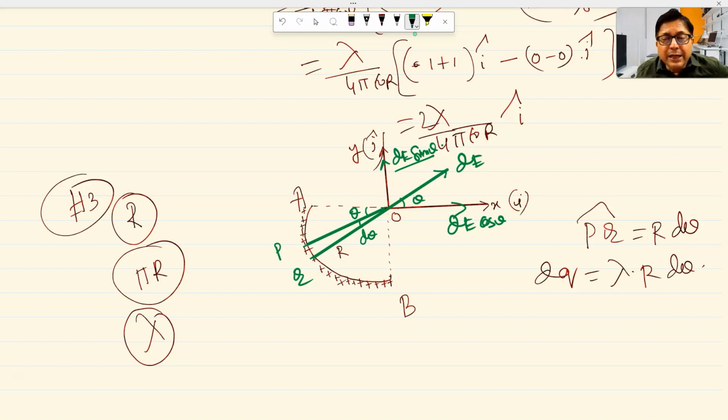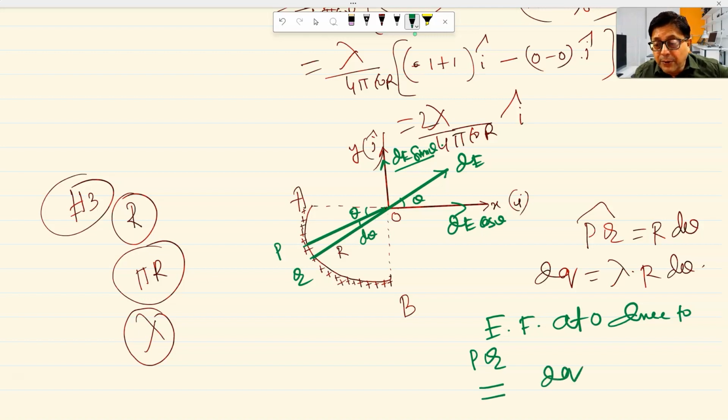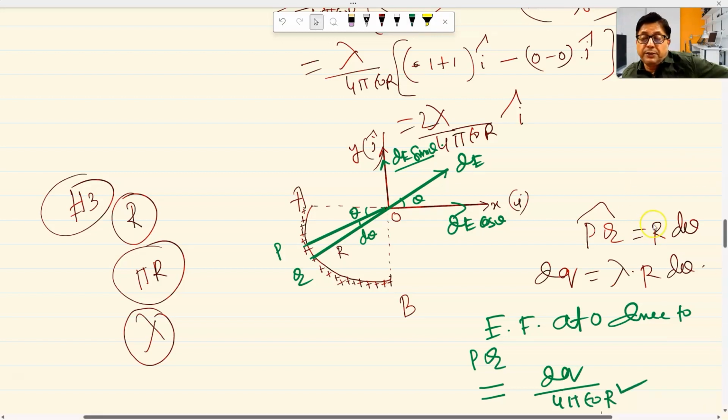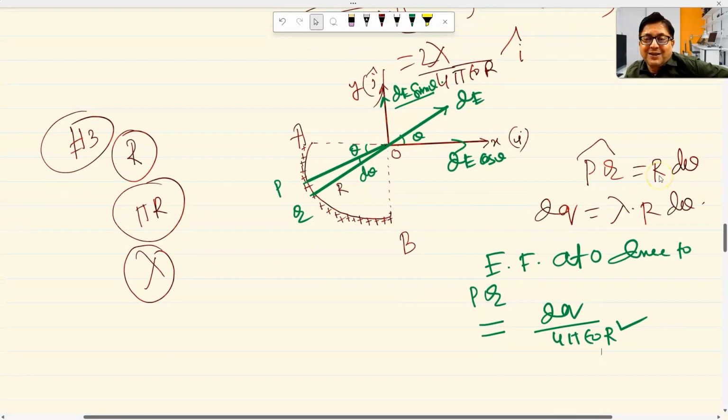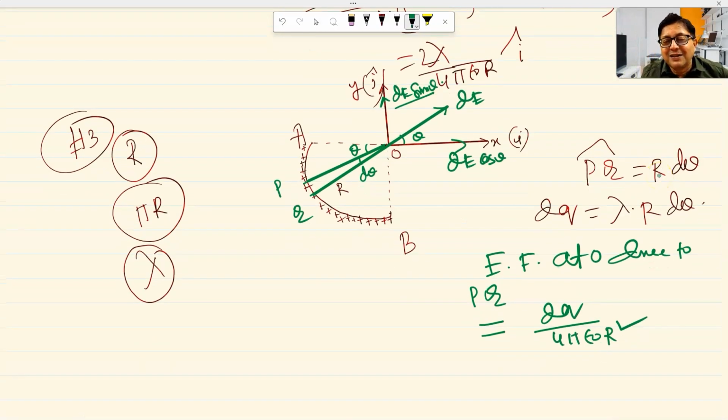And electric field at O due to this elemental portion, electric field at O due to PQ, is equal to what? It is dq by, same way, 4 pi epsilon 0 r square only. And this is written scalarly.